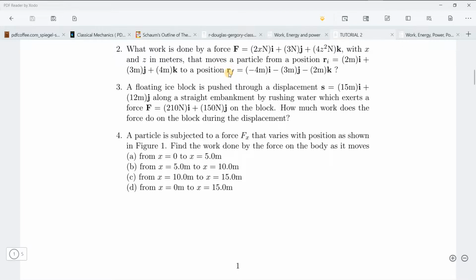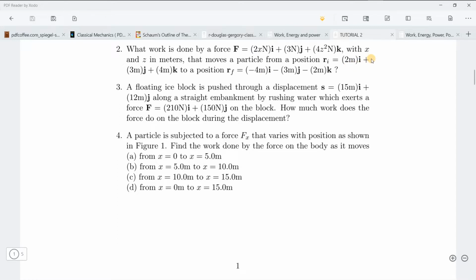This is a vector position, the final position Rf, which is equal to minus 4mi minus 3mj minus 2mk. The m's are just representing meter. Alright, so this is our question. What work is done by this force given this initial position and this final position?